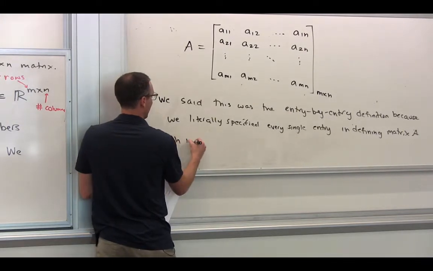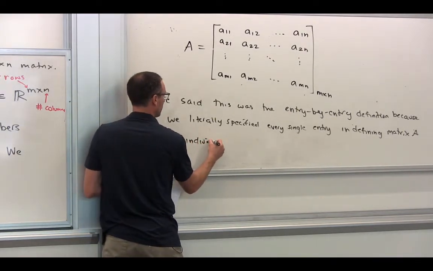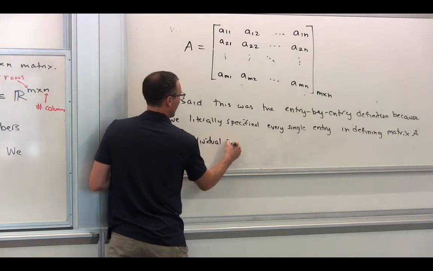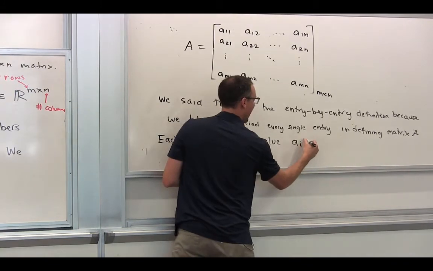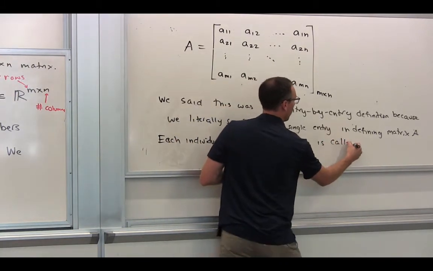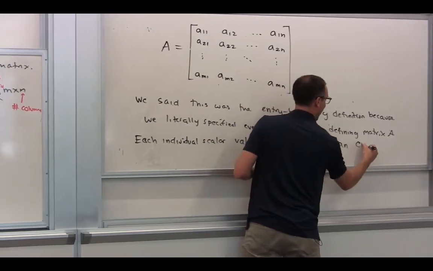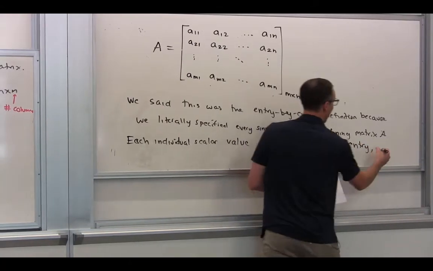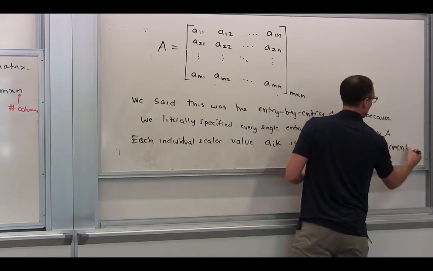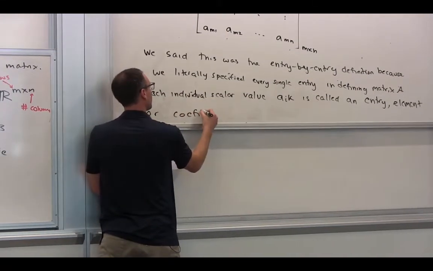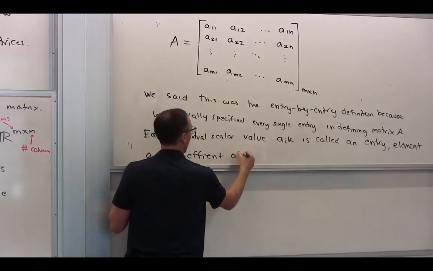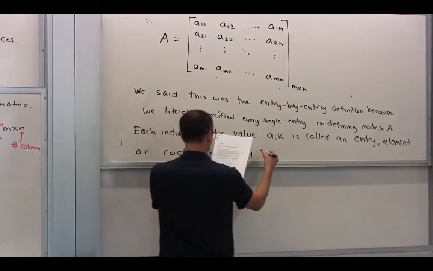Each individual scalar value, a_ik, is called an entry, element, or coefficient of our matrix.